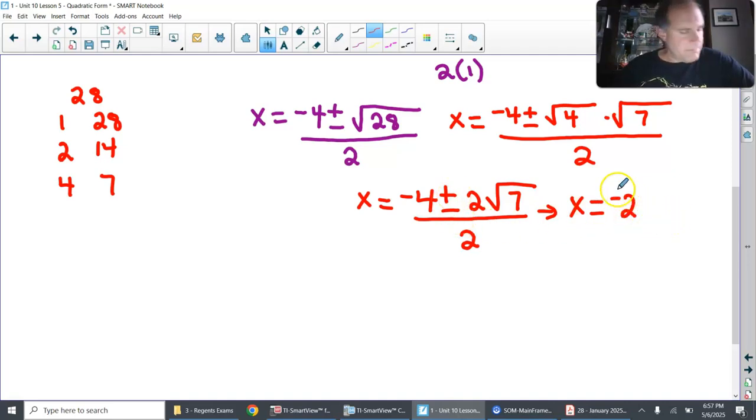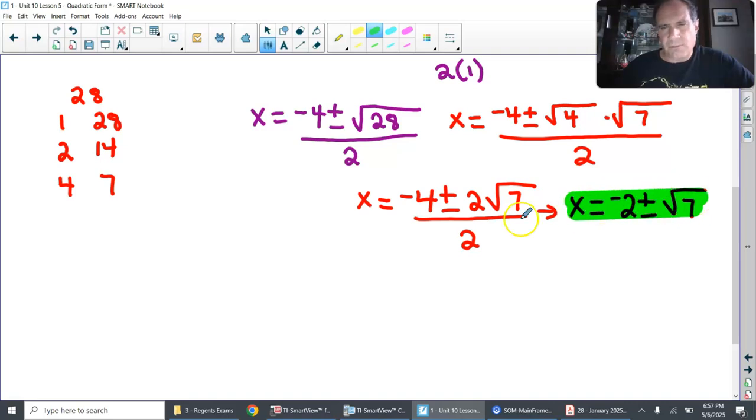And then plus or minus, and you see these 2's here, they cancel, and it becomes the square root of 7. And that is your final answer there, simplest radical form.